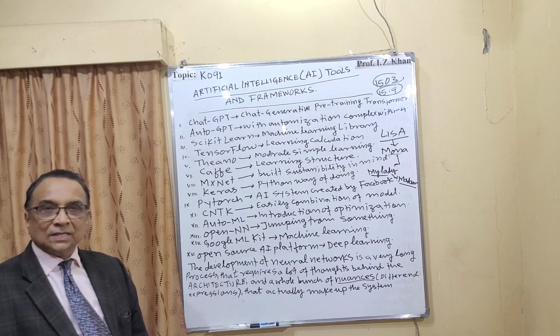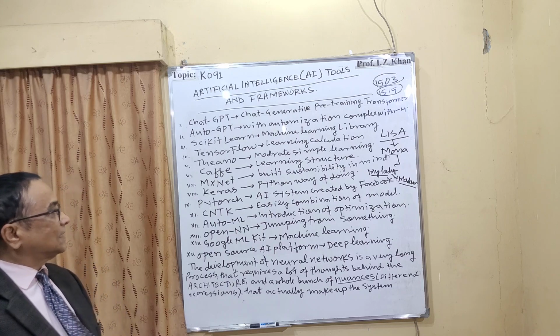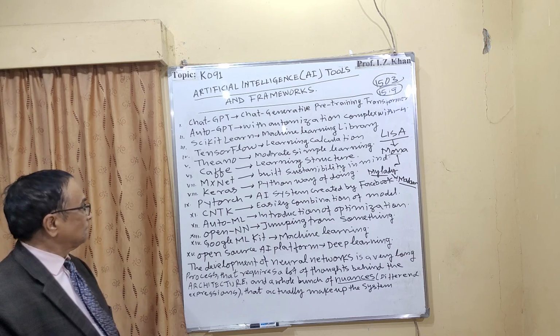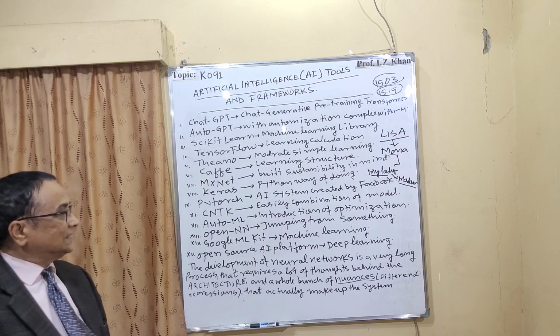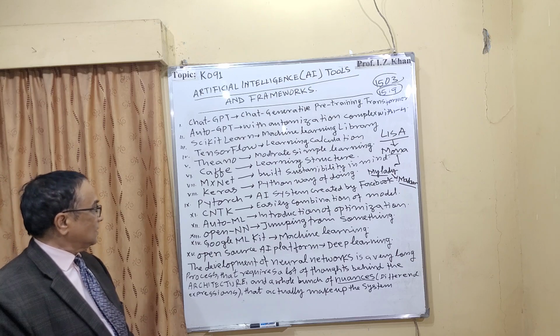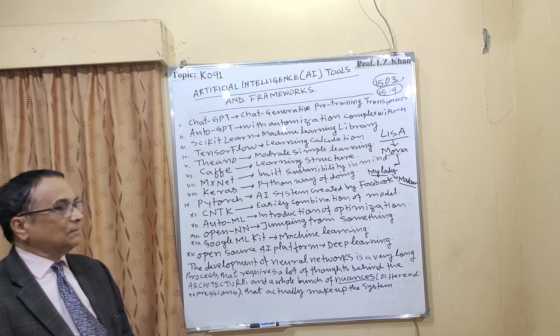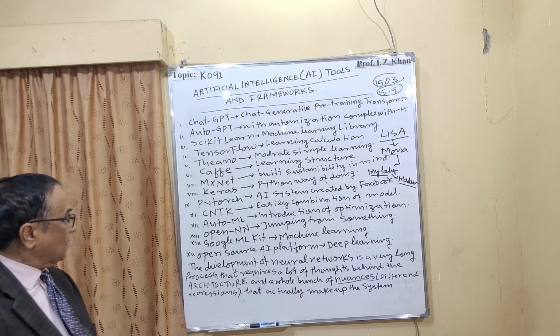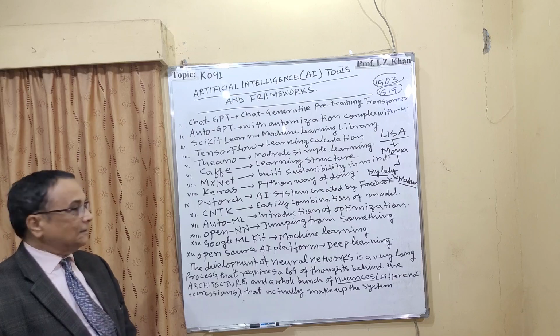Then PyTorch. PyTorch is an artificial intelligence system which is created by Facebook. Then CNTK is an easy combination of models. Number 12, AutoML means introduction of optimization. Then number 13, OpenNN.